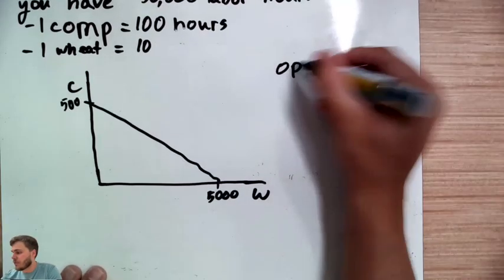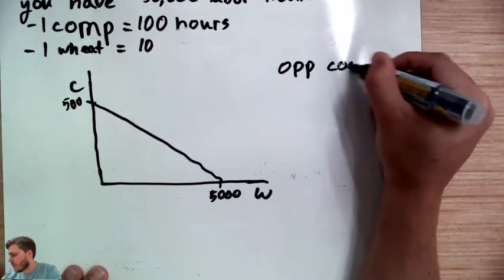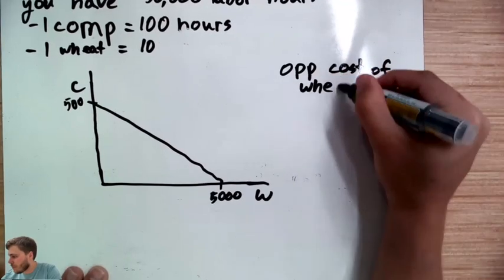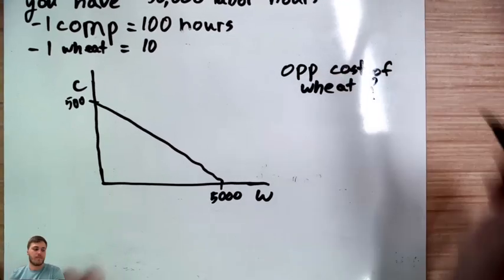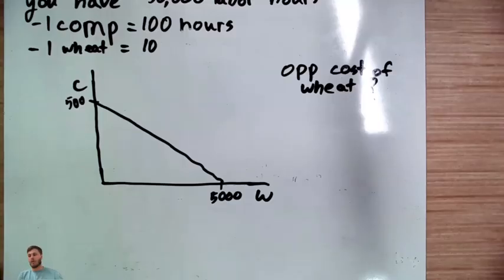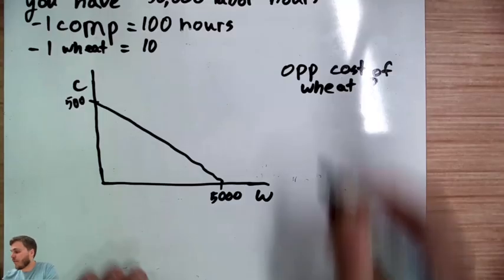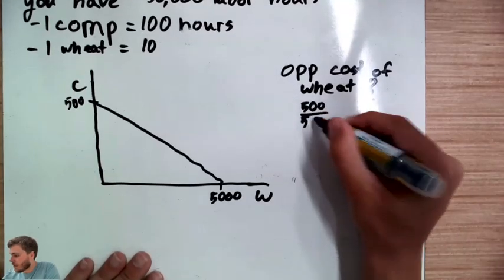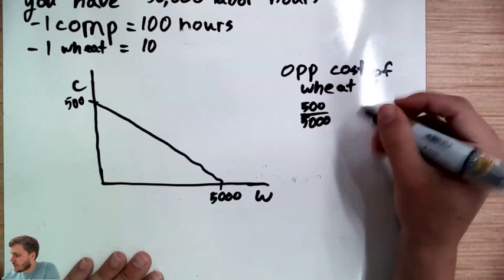What is the opportunity cost of wheat? Well, if you want to make wheat, you're going to have to give up 500 computers to make 5,000 wheat.